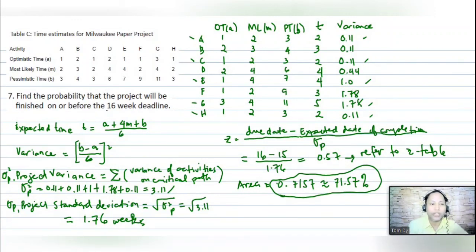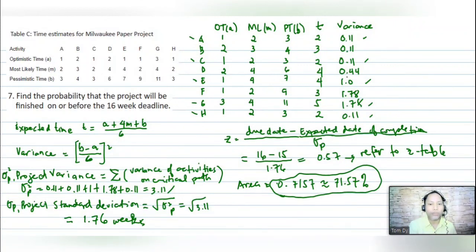Take note, when we solve the probability that the project will be finished on or before the 16-week deadline, we first compute our expected time, a plus 4m plus b over 6, and then our variance, using the formula b minus a over 6, raised to 2.